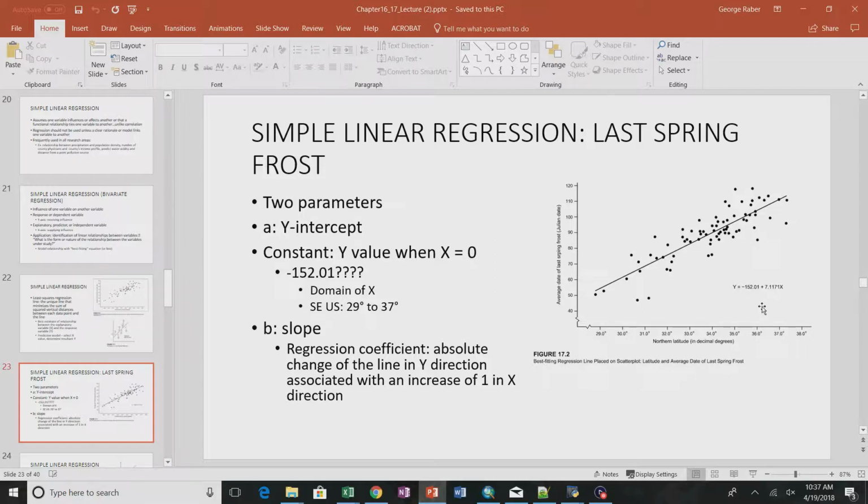So for every time you change x by 1, you're changing the frost by 7 days. That's one of the more useful ways of reading that.